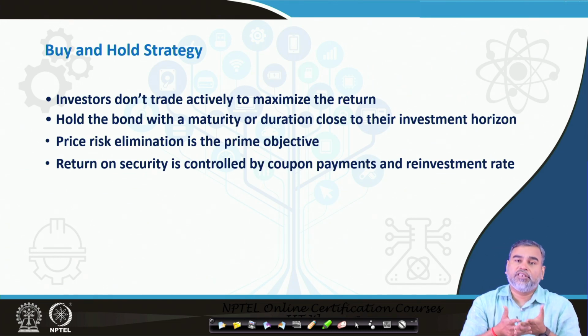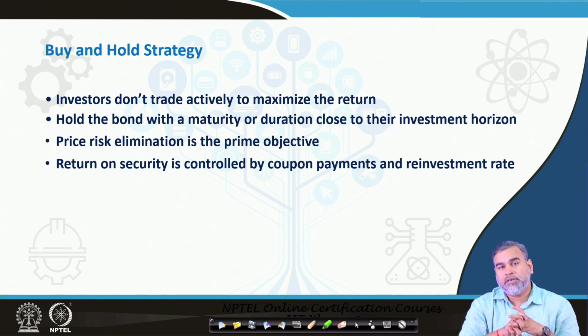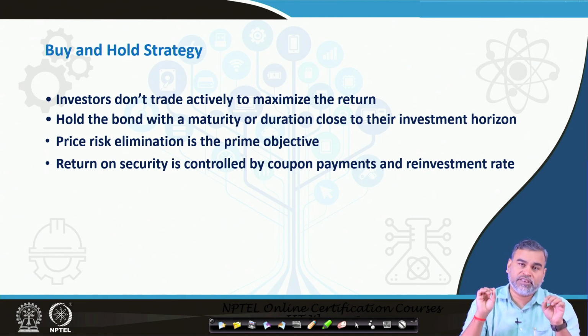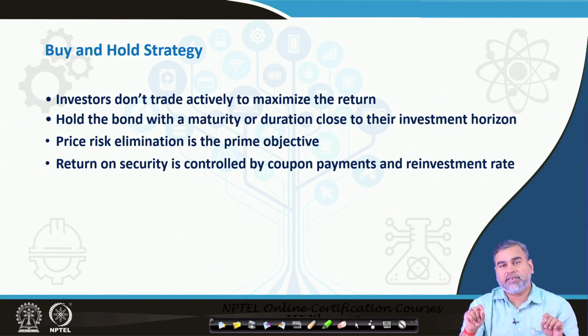And the return on this particular security is totally controlled by the coupon payments and the reinvestment. So, the coupons and reinvestment are basically the two components which give the return of that security if somebody is buying and holding it up to the maturity, and the basic objective of this strategy is to eliminate the price risk from the investment due to change in the interest rate scenario.